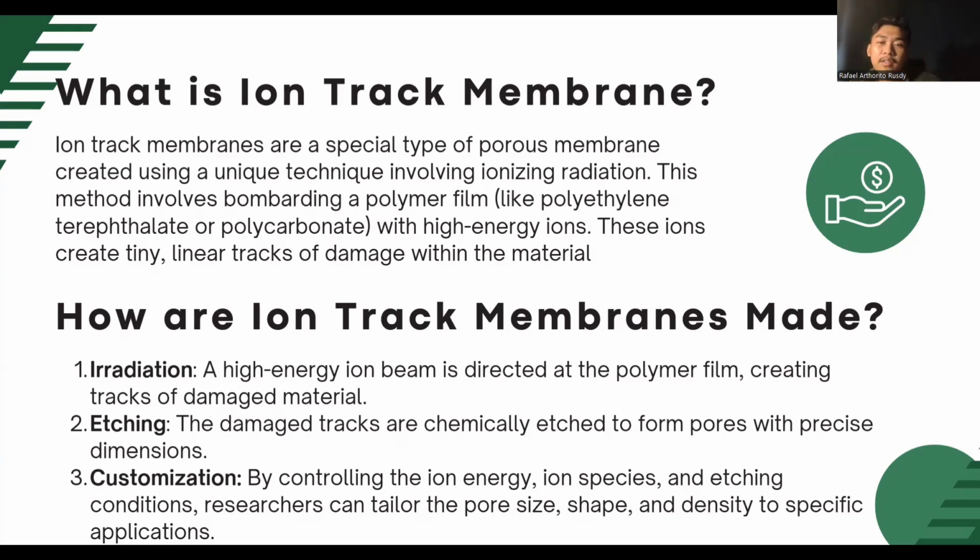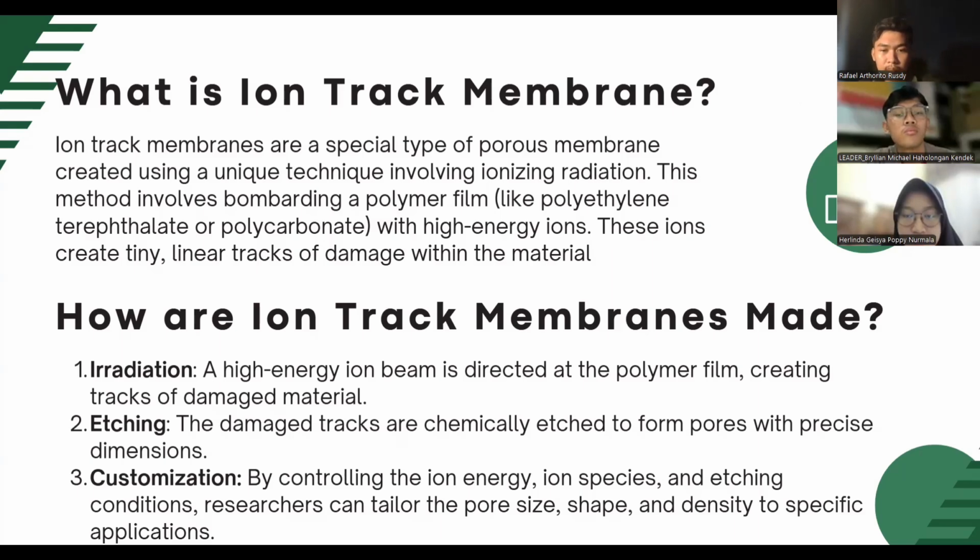And how are ion track membranes made? First, irradiation: a high energy ion beam is directed at the polymer film for creating tracks of damaged material. And the second is using an etching method. The damaged tracks are chemically etched to form pores with precise dimensions.